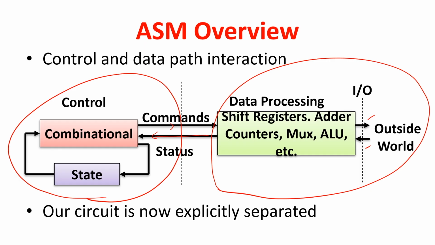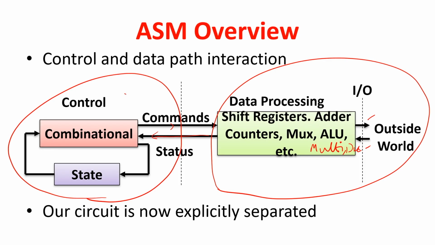The components of the data processing part are registers, shift registers, adders, counters, multiplexers, ALU, multipliers, dividers, and any kind of computational unit. ASM uses these concepts. Whenever you implement ASMs, you will have data path and control path separated.